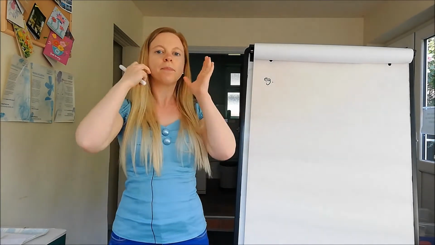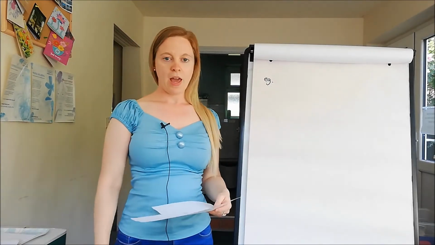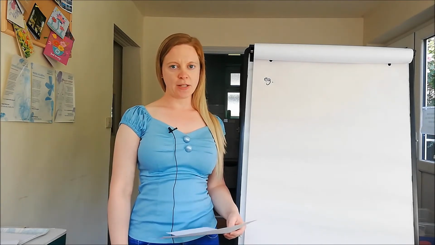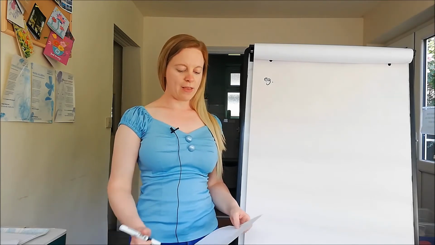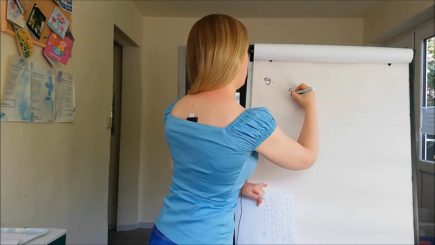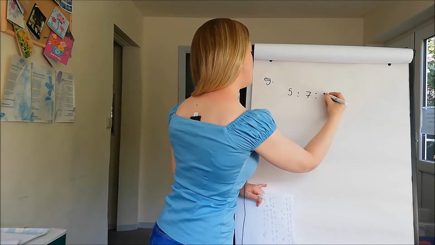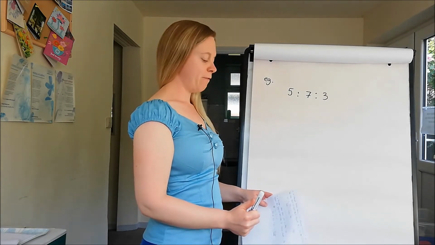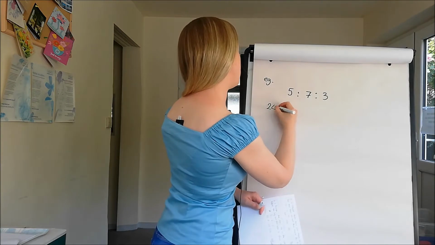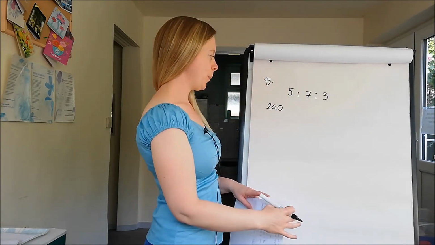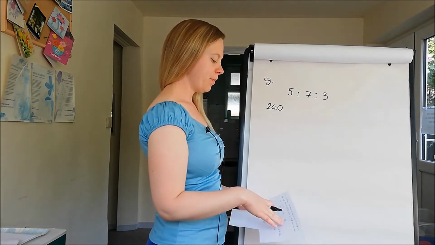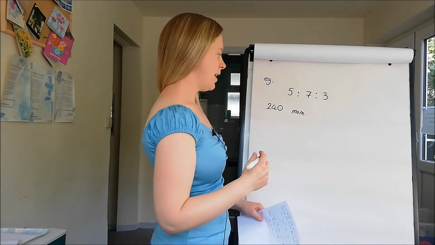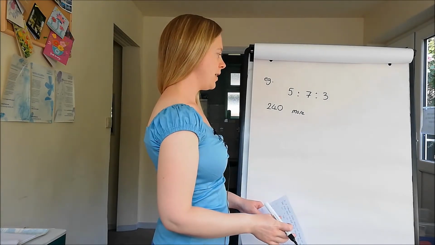And then just put e.g. In a restaurant, starters, mains and desserts are sold in the ratio 5 to 7 to 3. 240 more mains are sold than desserts. How many dishes are sold in total?